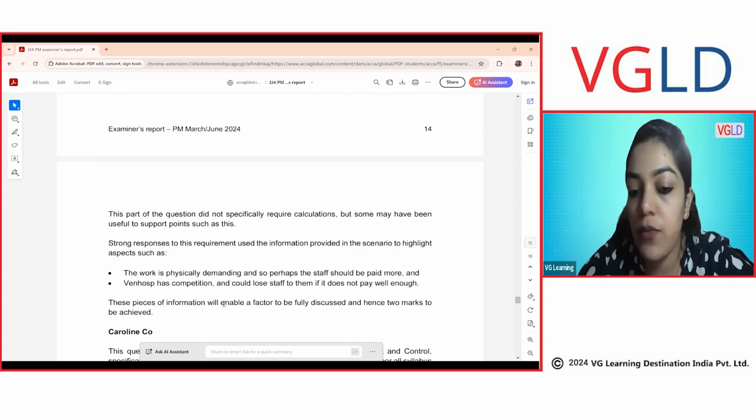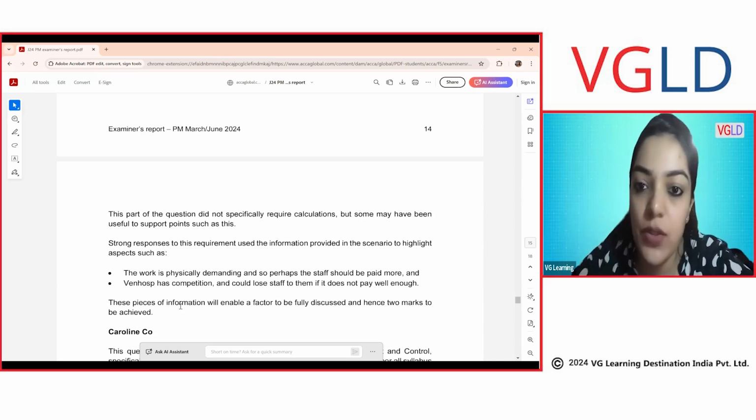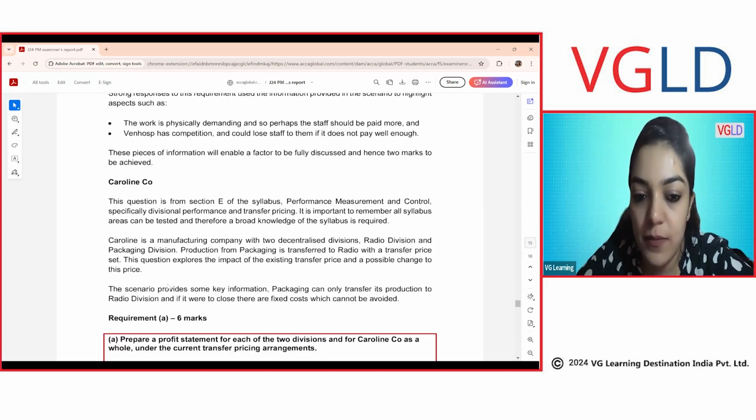These pieces of information will enable a factor to be fully discussed and hence 2 marks to be achieved. So the examiner's team is telling us how and what you should write in your answer to secure marks.